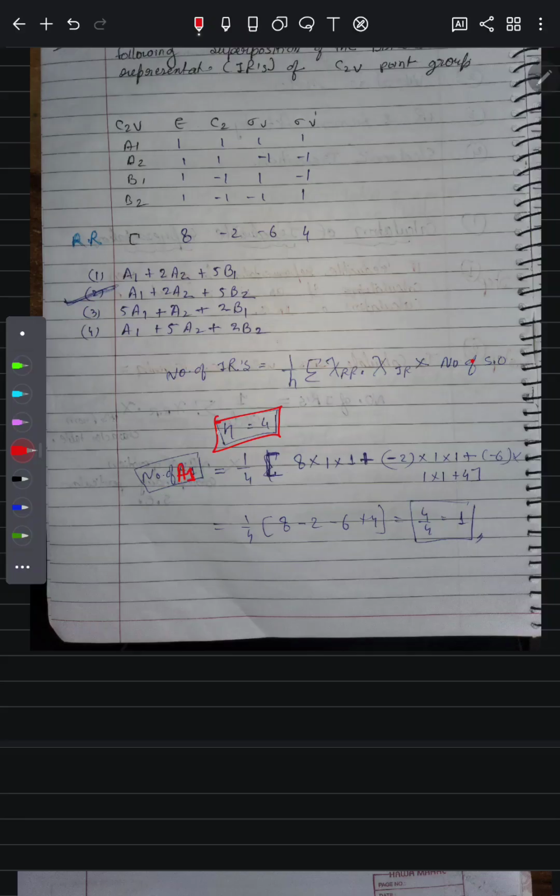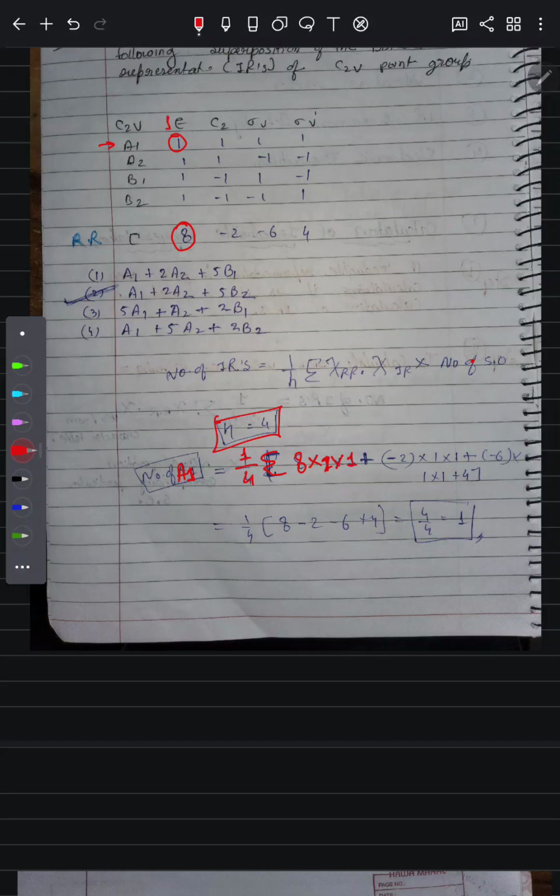Now the number of A1. We need to calculate A1 first. To calculate the number of A1, we use the formula 1 upon order, summation of the reducible representation, which is given, into the character of A1. What is 1? 1 is the value given in A1 for E. Plus, into 1.